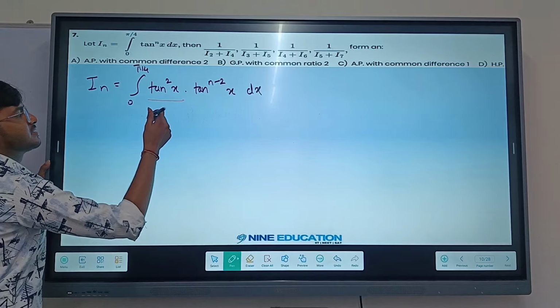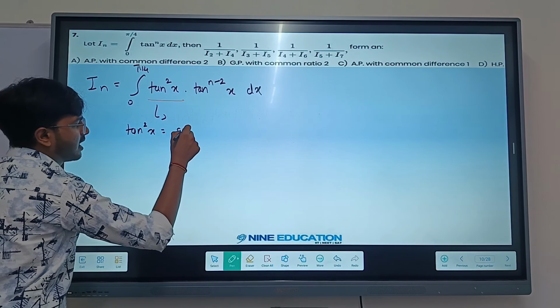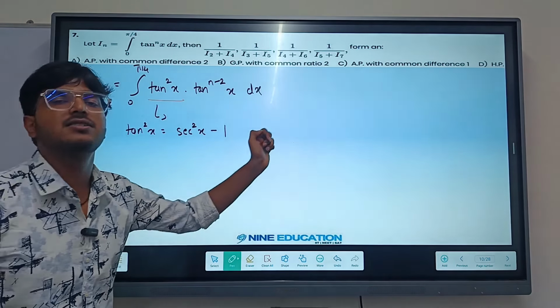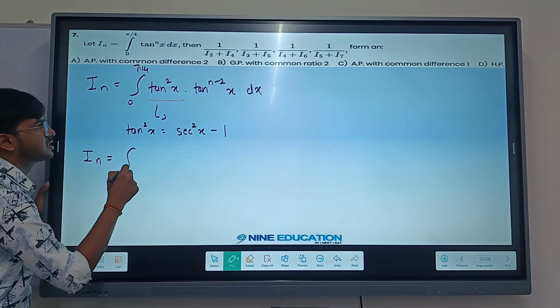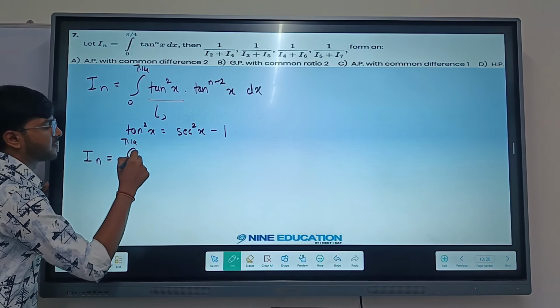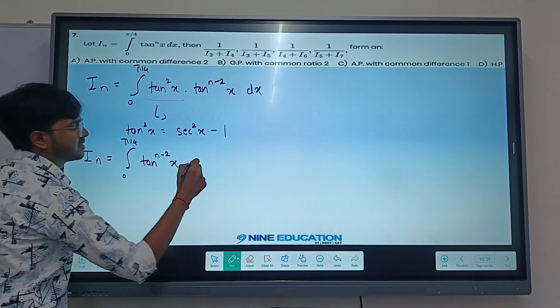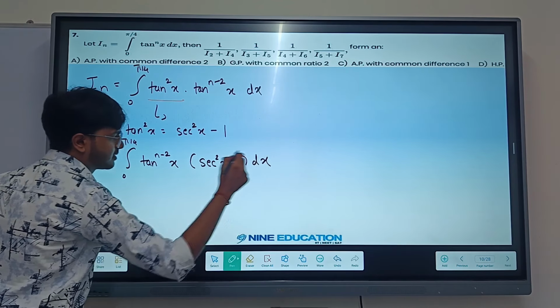Because tan square x, I can write as secant square x minus 1, and secant square x is the differentiation of tan x. So I can write In as the integral from 0 to pi by 4 of tan power n minus 2 x as it is, and tan square x is secant square x minus 1, dx.